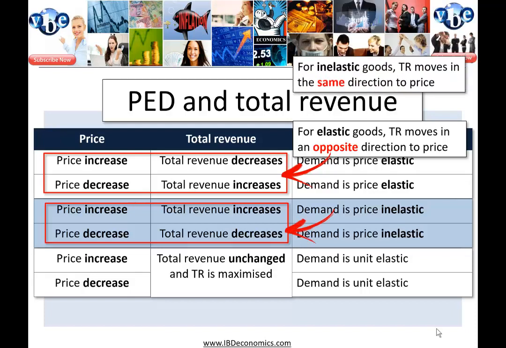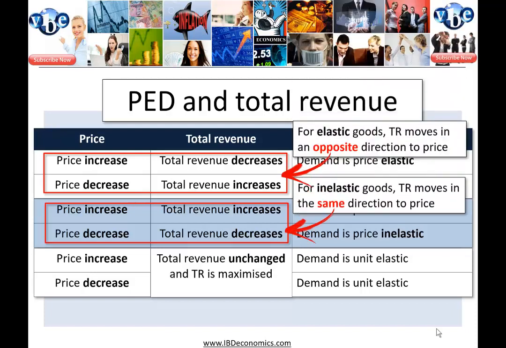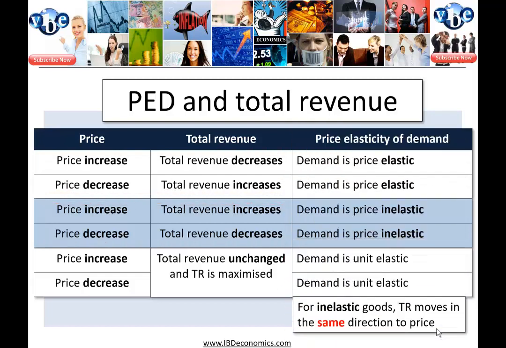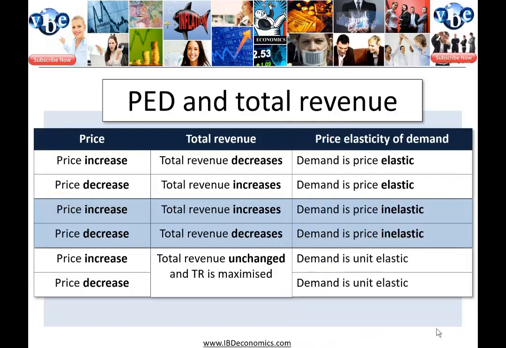Same direction for inelastic goods. And we don't have to worry about unit elastic because we know all about that already. So elastic, opposite direction, and total revenue moves in the same direction for inelastic goods.